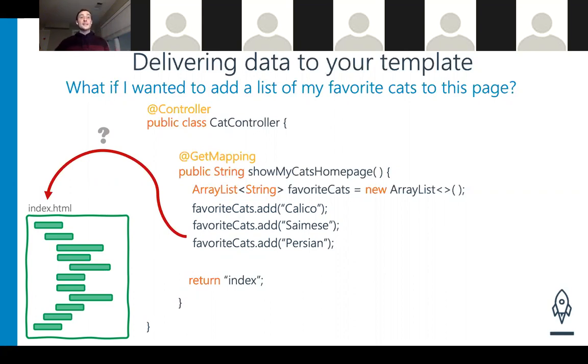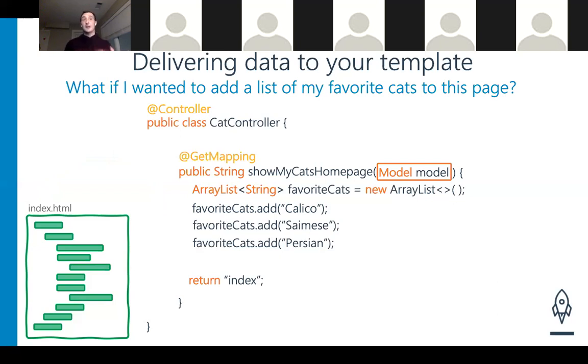Well, one way we do that is by using a new parameter inside of these mappings. That particular parameter is called a model. As we see up here, we inserted model into our parameters. One big call out here is that this should not be mixed up with the M in MVC.